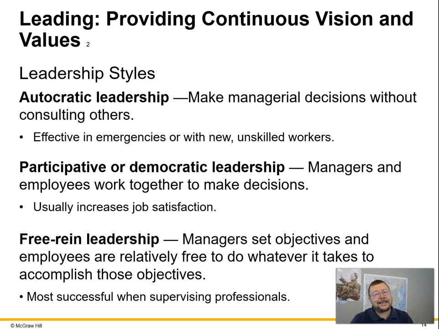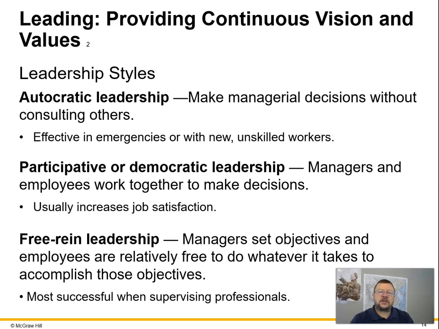Sometimes it's needed. We get a lot of bad press about autocratic leaders, but we need that in certain situations: unskilled workers, unmotivated workers. Next, we have participative or democratic leadership style. This is where managers and employees work together to make decisions.